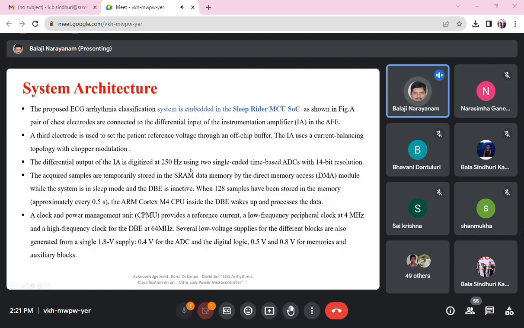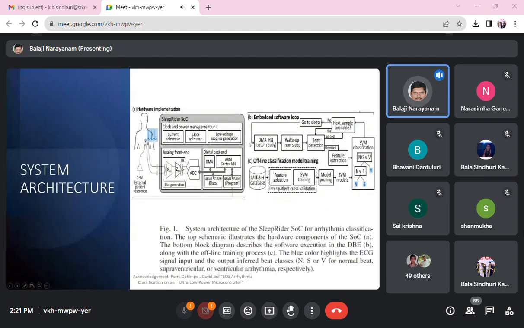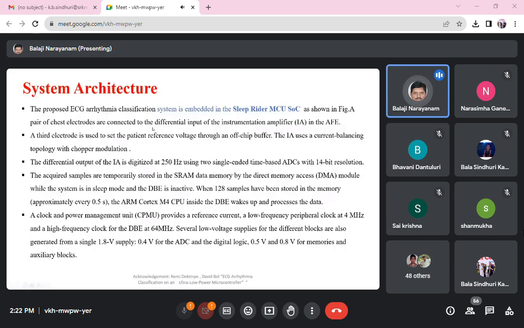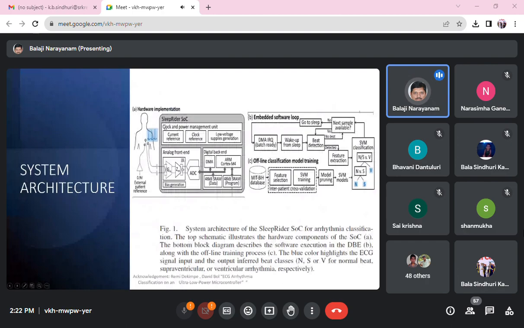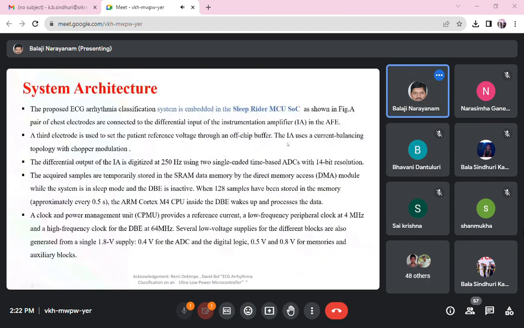Let us look at the system architecture. The ECG arrhythmia classification system is embedded in the SleepRider microcontroller unit (MCU) SoC, which is shown here in figure A. A pair of chest electrodes are connected to the different inputs of the instrumentation amplifier in the AFE.